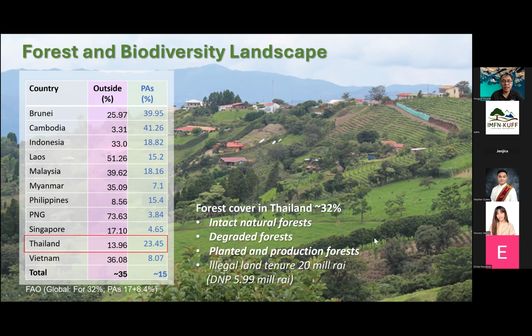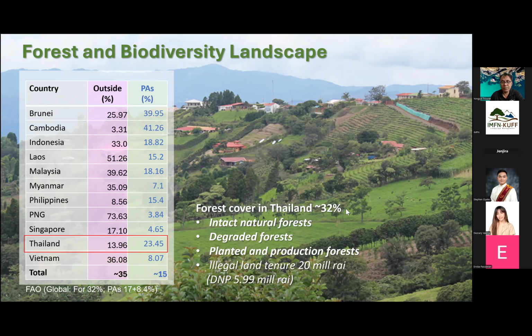landscape. And the forest area can be classified in three categories. One is the intact natural forest, and second is degraded forest that needs improvement or restoration.